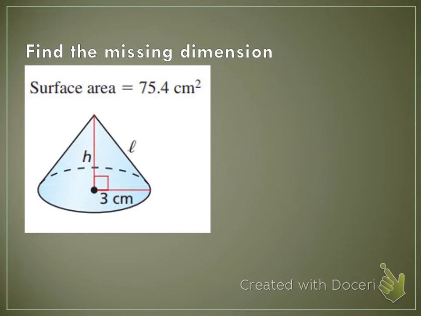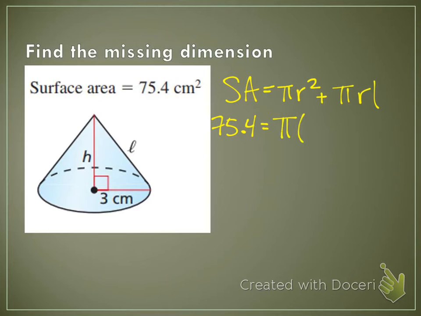So I'll start it on the board. Surface area equals pi r squared plus pi rl. So surface area is 75.4. My radius is 3. Here's where a lot of people are going wrong. So go ahead and pause and look at this.